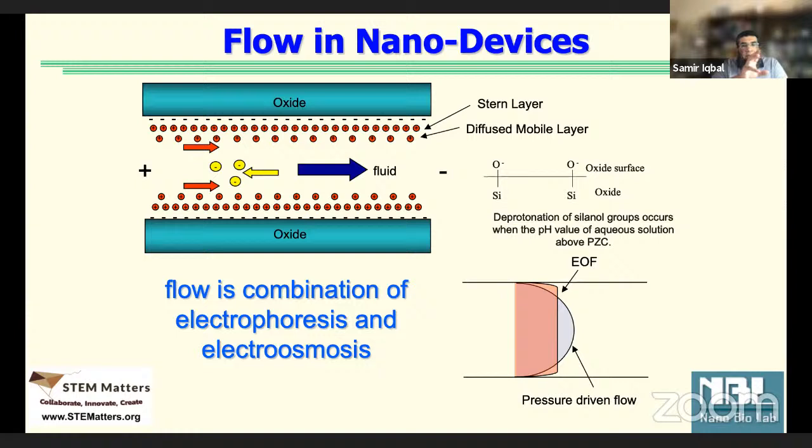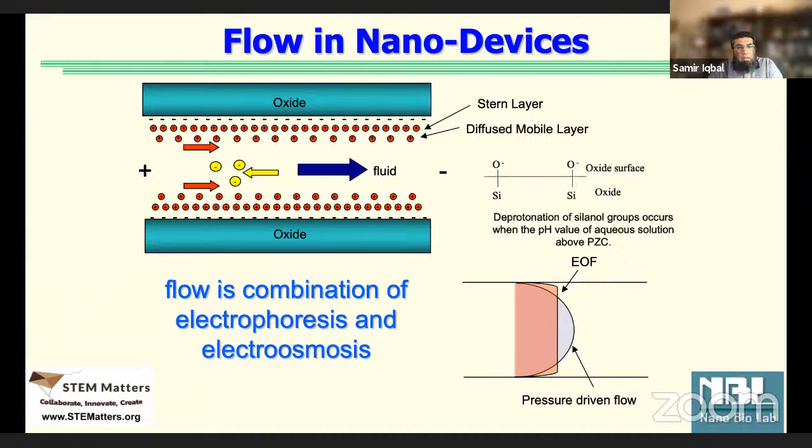Now, in electrophoresis, the charged solid particles move under the external electric field. And of course, when they move, the fluid moves with them as well. But in electroosmosis, the liquid with charge in it, just the liquid moves under the electric field, and the charged solid stays stationary. So just fluid flow.